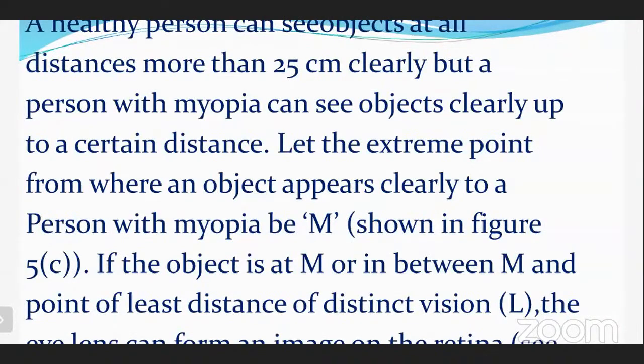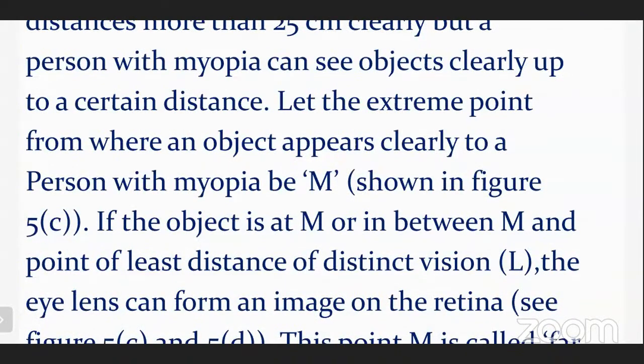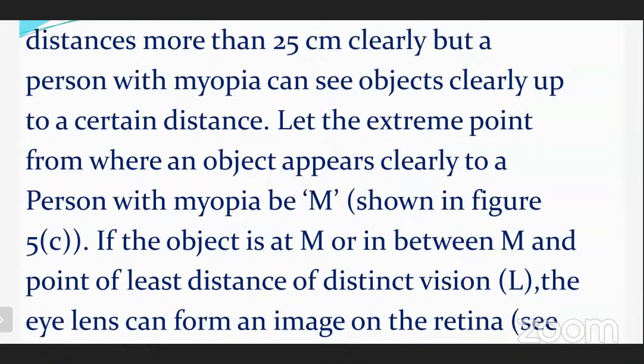People who suffer from myopia can't see an object when it is at a distance greater than 25 centimeter. The extreme point up to which an object appears clear for myopia people is M. Observe the third figure, 5C. The letter M indicates the place up to which the myopia patient can see.